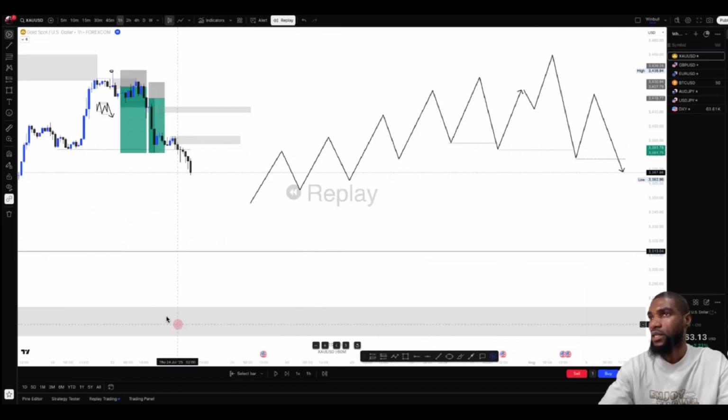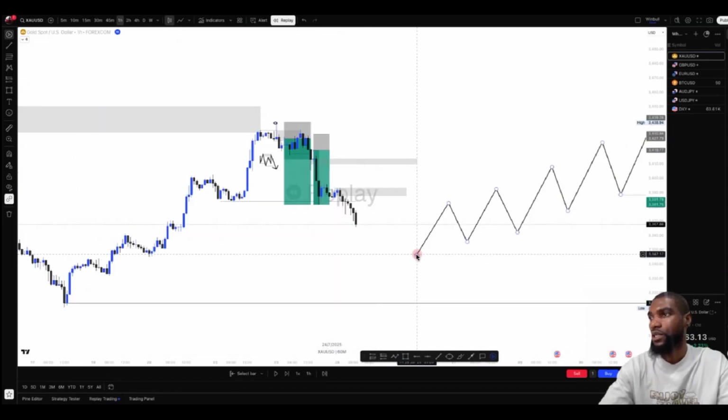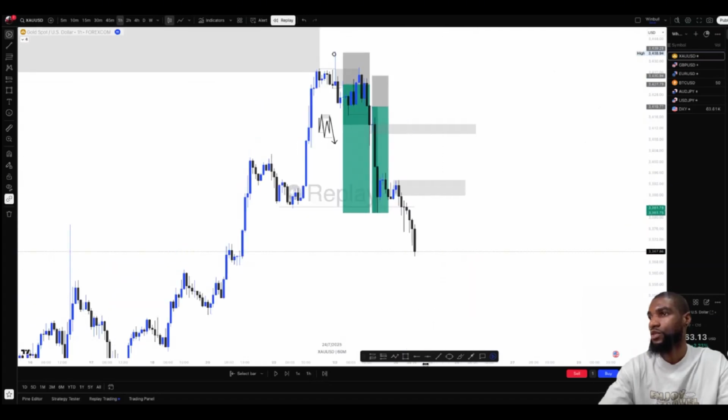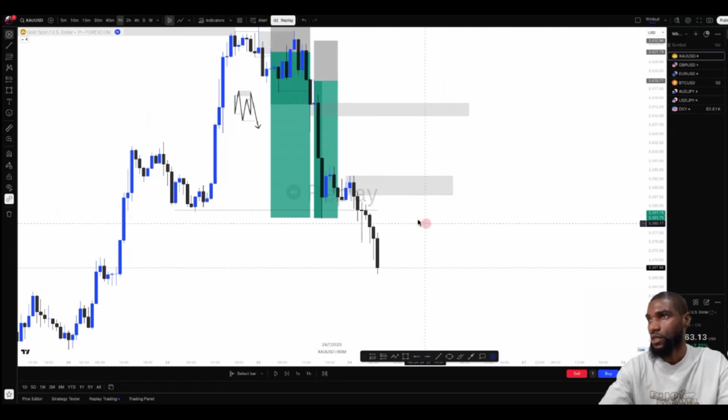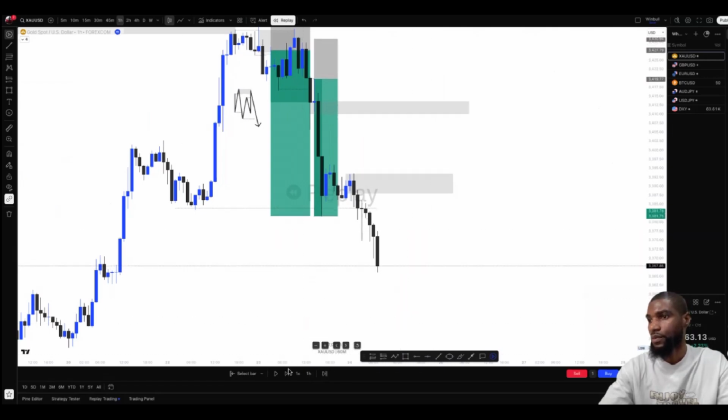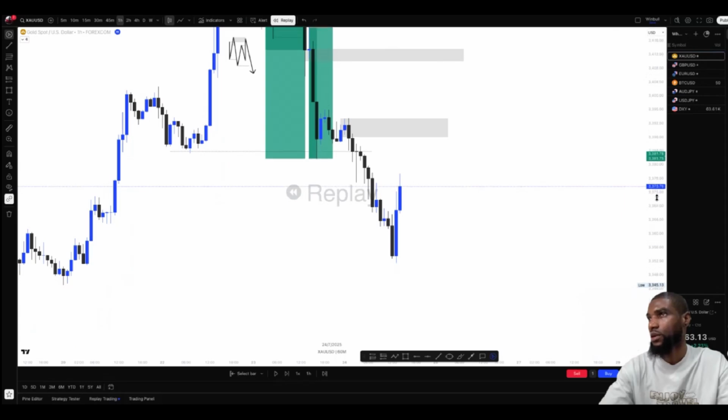So now remember I said that we must always have what? A sweep, right? So we are using this model to take entries. So we must always have what? A shift, a sweep. But looking at here, there is no shift, there is no sweep. So the structure is not really that clear. You can see how price is pushing back up.